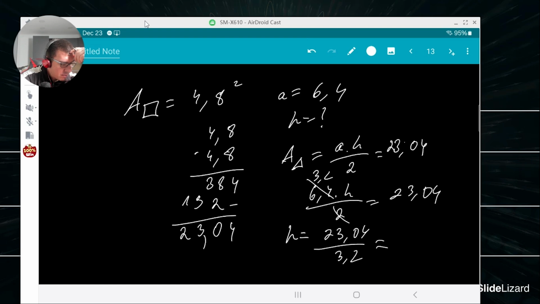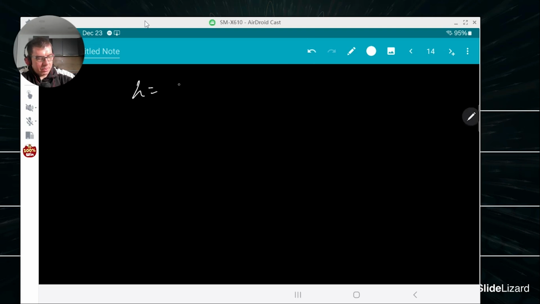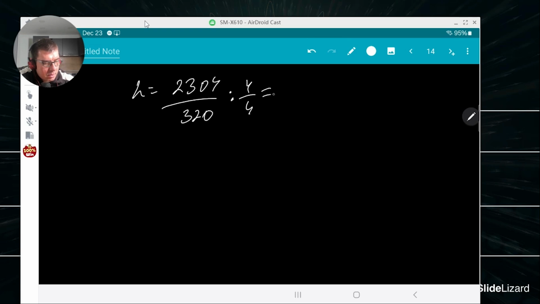Let's just expand by 100. 2304 over 320. Reduce by 4. 23 divided by 4 is 5, remainder 3. 30 divided by 4, 7, remainder of 2. 24 divided by 4, 6. 320 divided by 4 is 80.